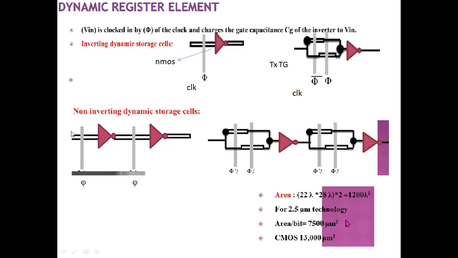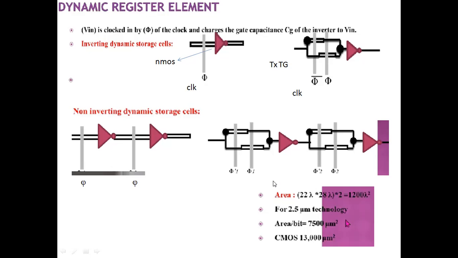So we have the cascading of such elements, and I can go for the addition of one more stage here. For the read and write operation, I can use this Phi 1 clock. Again, these two figures are replications of the earlier figure, where we have replaced the NMOS transistor with transmission gates.